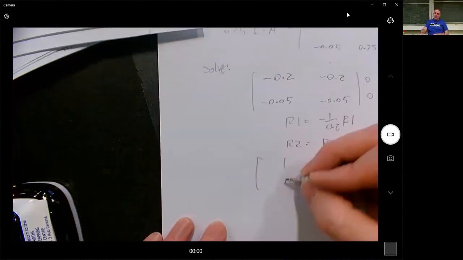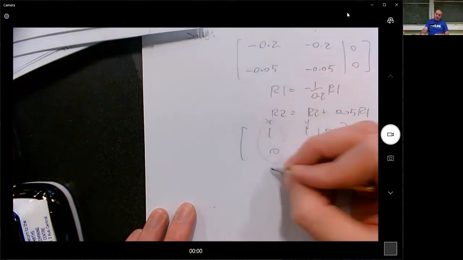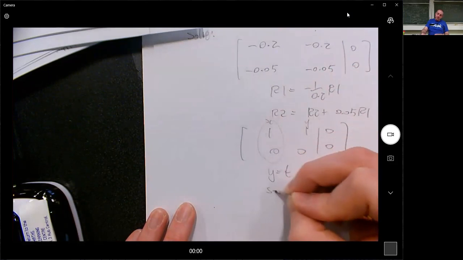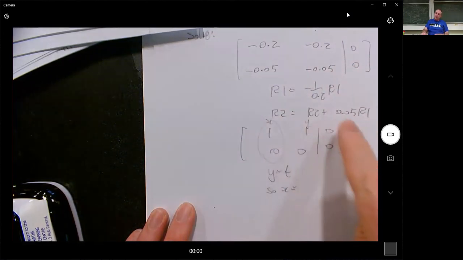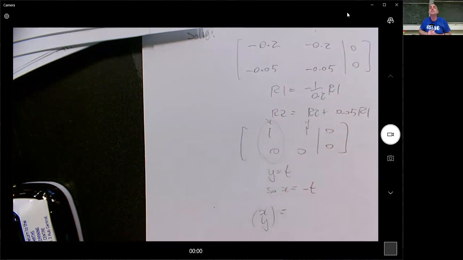So now pivot column there, I'm going to make this one free. So then x is, I put that over there, it'll be a minus 1, so it'll be minus t. And so x, y, what's that? Oh, you don't have to use different unknowns, you could have just called it y. Is that what you're asking? Oh, the other one had a t? Yeah, I don't have to use a different one, I can still use a t for this one.